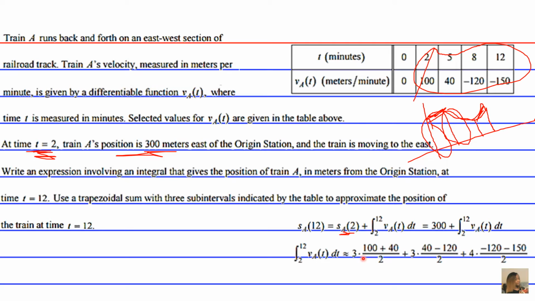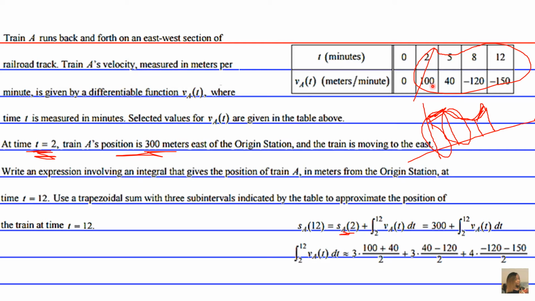And some really smart person did a long proof and figured out that this is what it needs to be, 3, 3, and then you have 4, okay? So the interval from 2 to 5 is going to be 100 plus 40, divided by 2. So these are the two heights, okay?